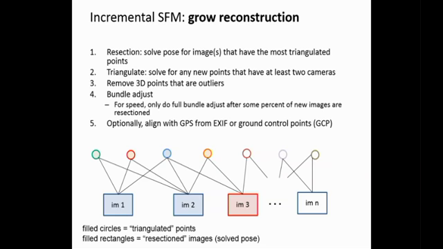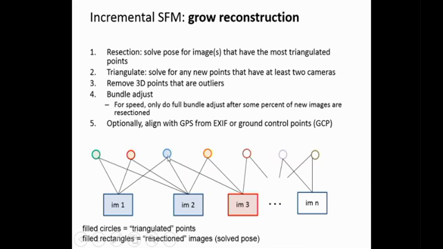Typically you would add cameras in order of how many triangulated points they see. So in this case, image number 3 sees some points that have already been solved for by images 1 and 2, this set of points here. And so now based on these points, I can solve for the pose of image 3.